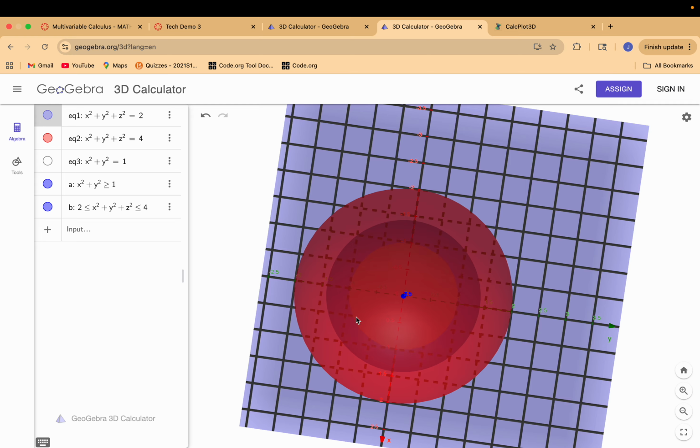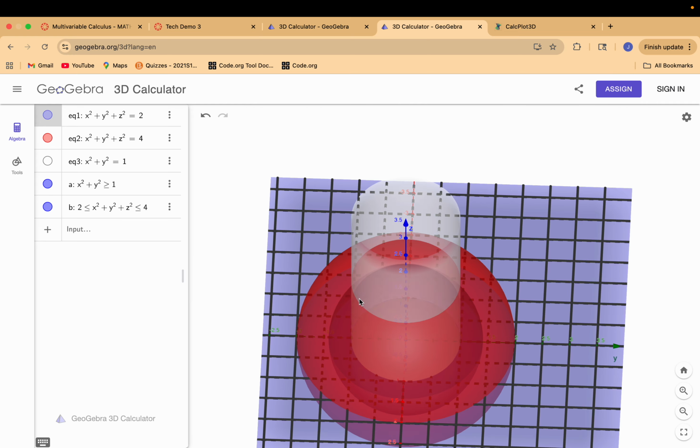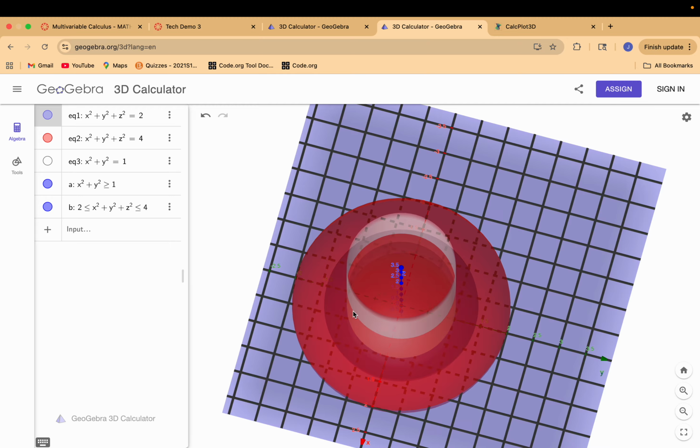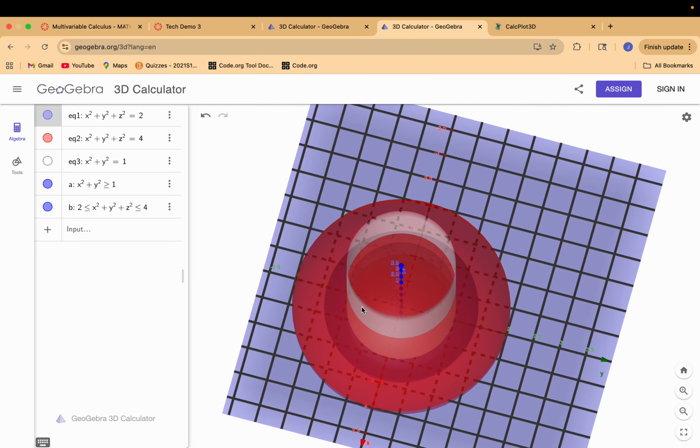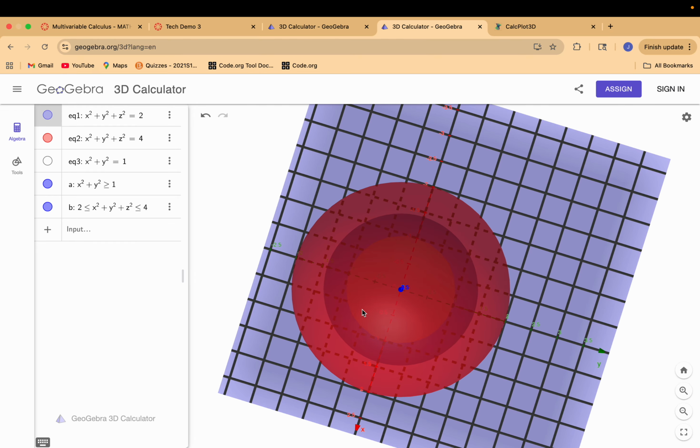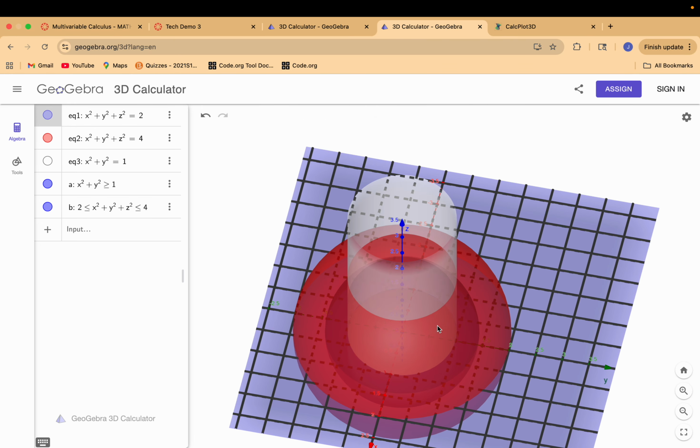And the specific region that we are trying to look for is between these two spheres, but outside of this cylinder right here. So the region that we're looking at is kind of in this area. This is the region bound by the functions that we are given right here.